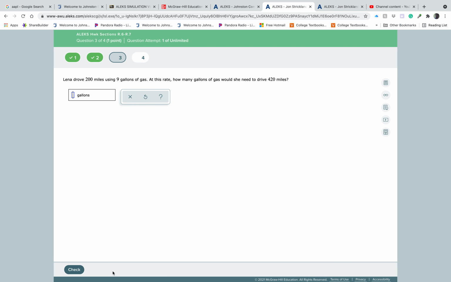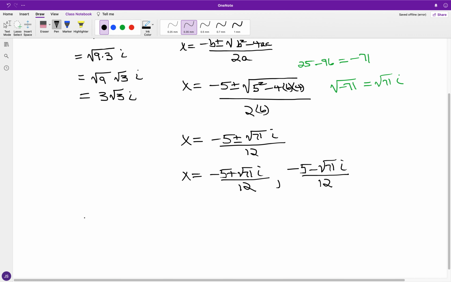And for the next item, we have Lena, who drove 200 miles using 9 gallons of gas. At this rate, how many gallons of gas would she need to drive 420 miles? For this proportion, she has used a ratio where 9 gallons gets her 200 miles.